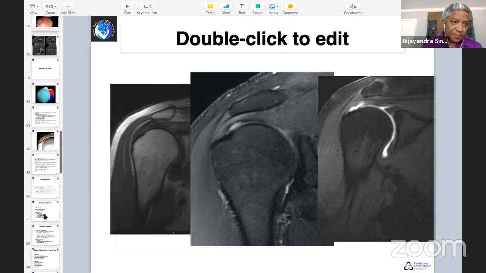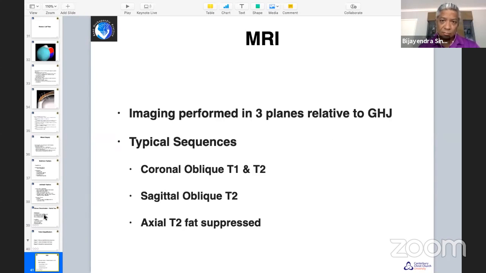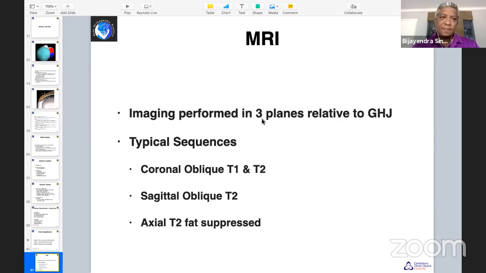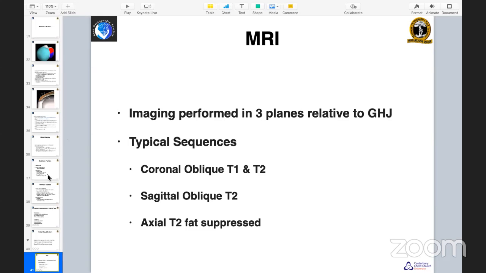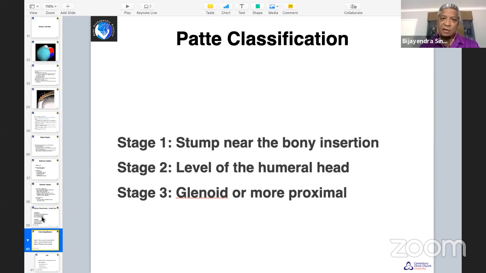Yeah, okay. So start again. Hitesh? Yeah, you're fine. Okay. So the Patte classification, if you don't mind.